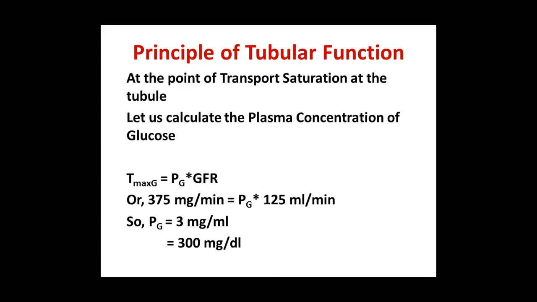The plasma level at which this transport maximization is reached is usually 300 milligram per dl. Our normal plasma glucose level is around 100 milligram per dl. When it becomes 300 milligram per dl, then and only then is the transport maximization reached.